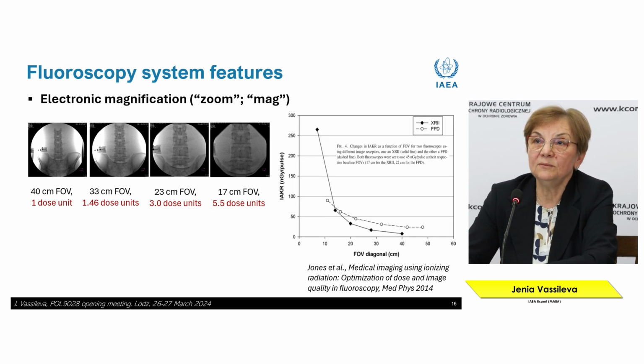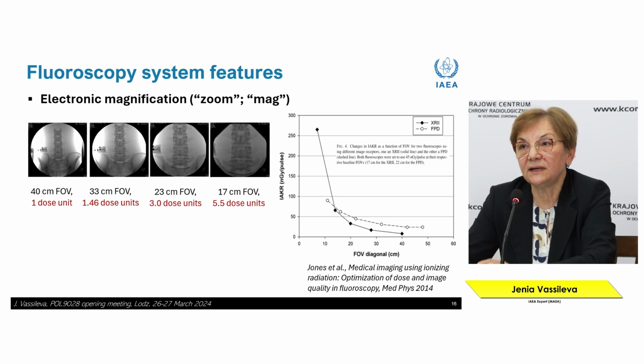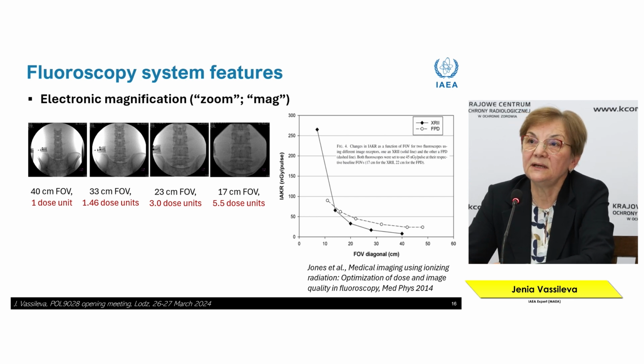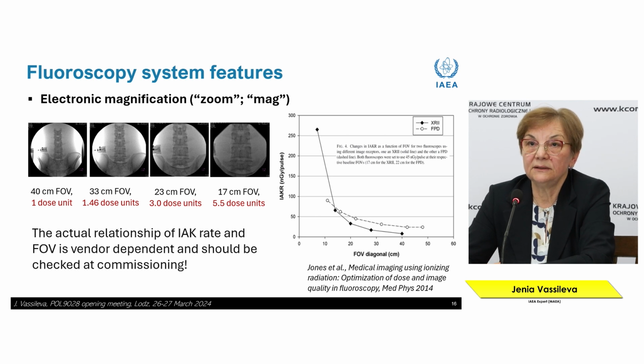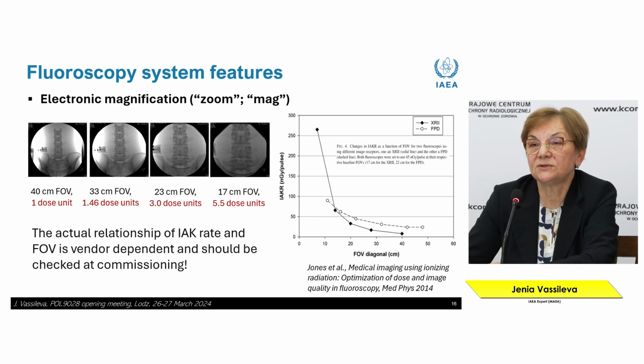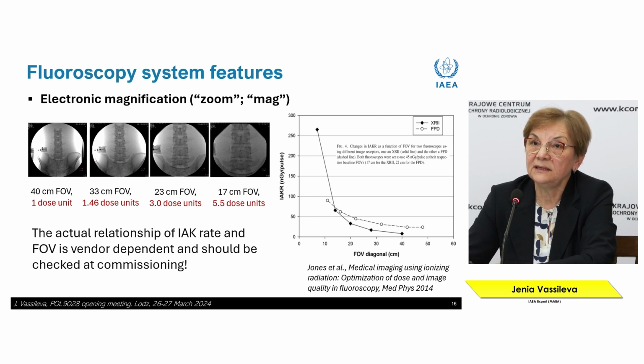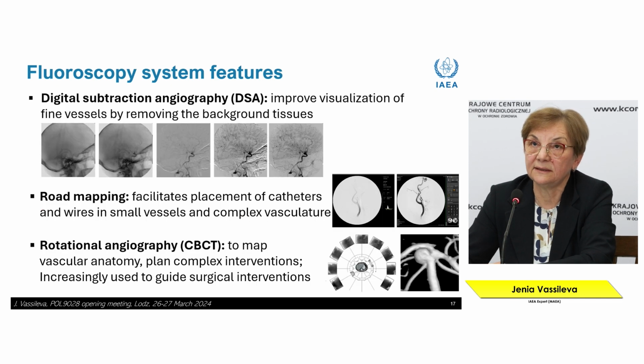Of course, this is for image intensifier; for the flat panel detectors that are in the modern system, the logic is slightly different, but still, as you can see, increasing the field of view, the dose rate is decreasing. So the actual relationship of the image receptor incident air kerma rate and the field of view depends on the vendor and should be checked at the commissioning of the system.